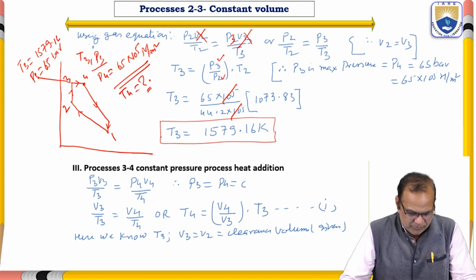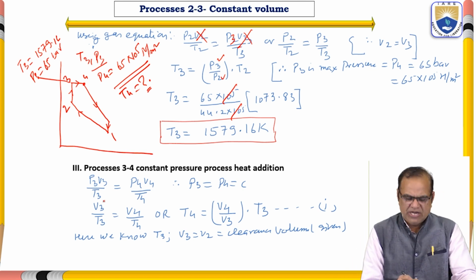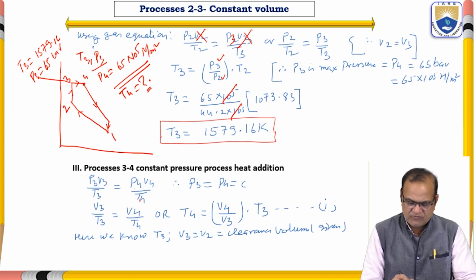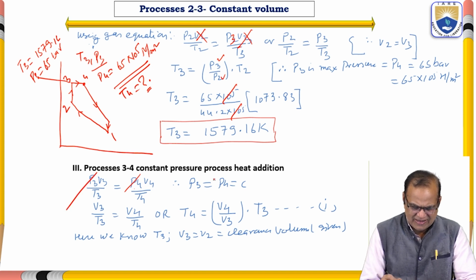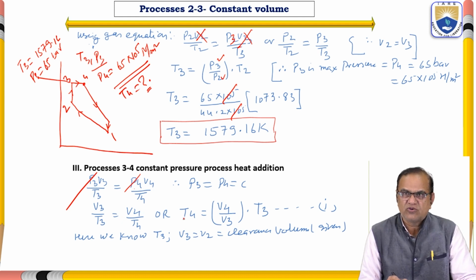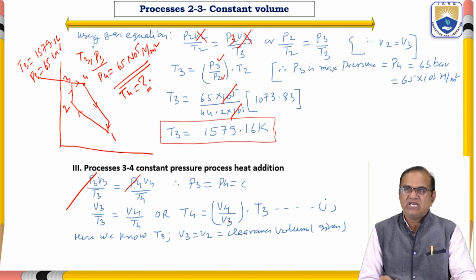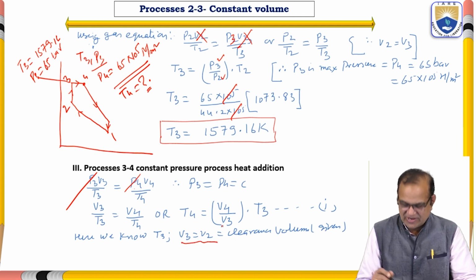Same way for the process 3-4, using the gas equation, P3V3 by T3 is equal to P4V4 by T4, and here P3 is equal to P4, it is cancelled. So we can write V3 by T3 is equal to V4 by T4, or T4 is equal to V4 by V3 into T3. But here if you see, V3 is equal to V2. That is the clearance volume, and this is given.